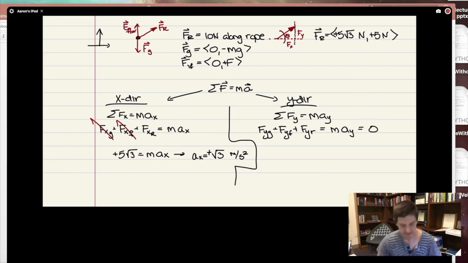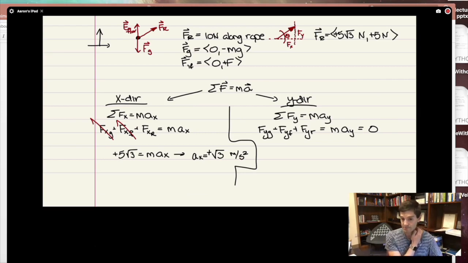So in that case, you can set the acceleration in the y direction equal to 0. If it were non-zero, that would mean the box would start to float or start to sink. And since it's staying in contact with the floor, even though you might be pulling it across the floor, its vertical motion in this case must be 0. Or that it's not accelerating off the floor or into the floor.